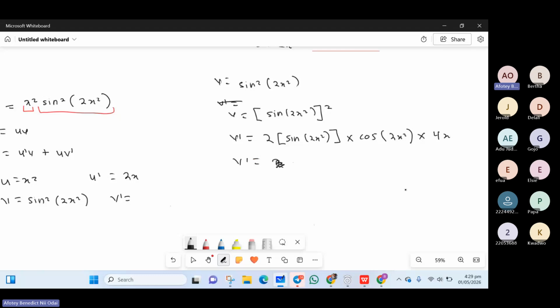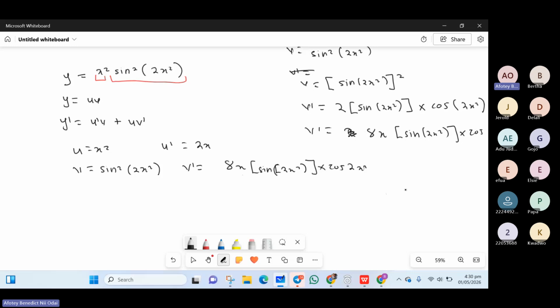Let's bring all the constants to one side: we have 8x sine of 2x squared times cos 2x squared.